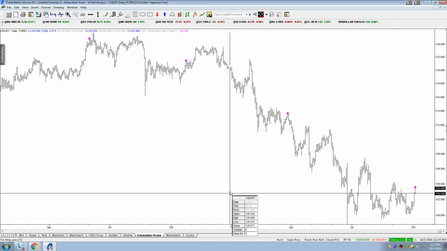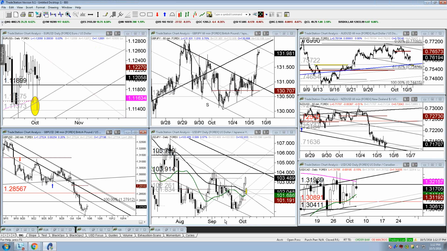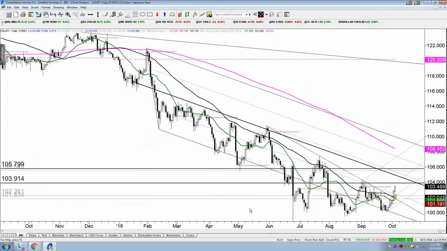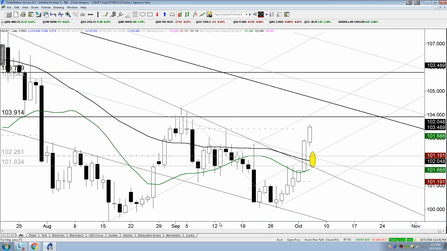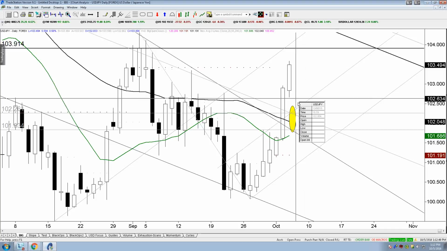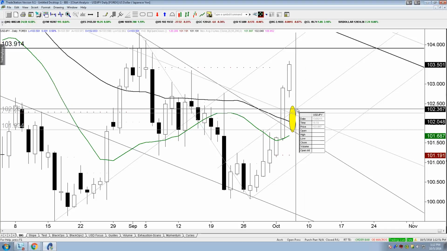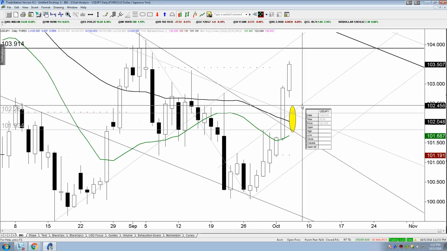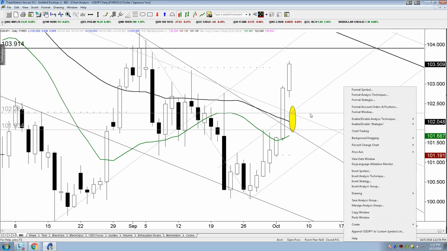And in that sense, I do think that your big supports to watch for are probably going to be something along the order of this line right here. This is on a daily chart. Next few days, you're probably talking 102.40, 102.50.